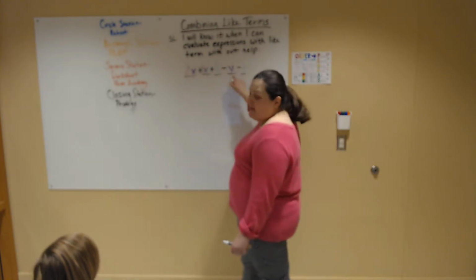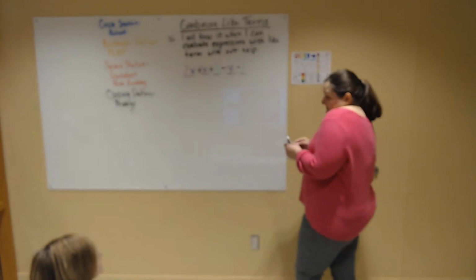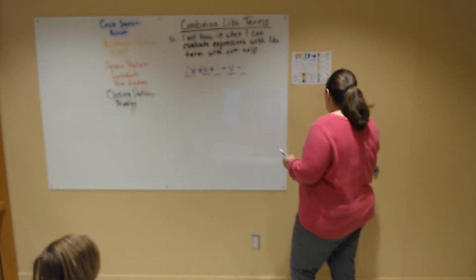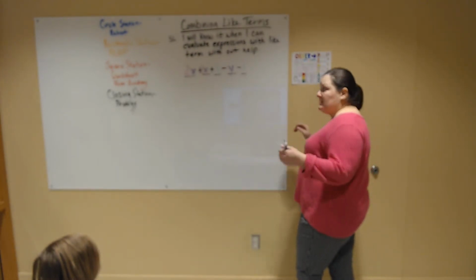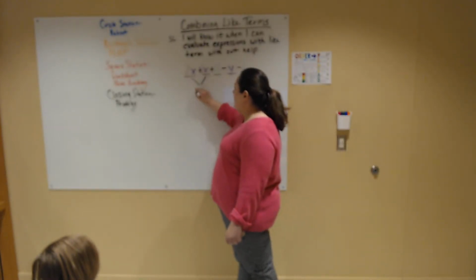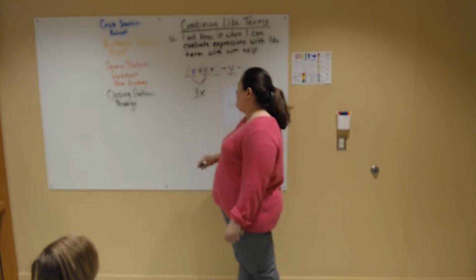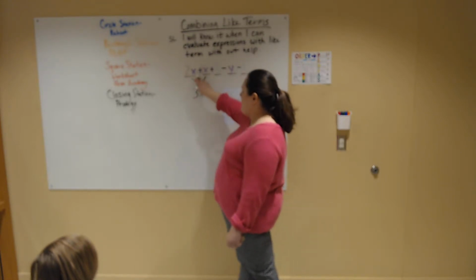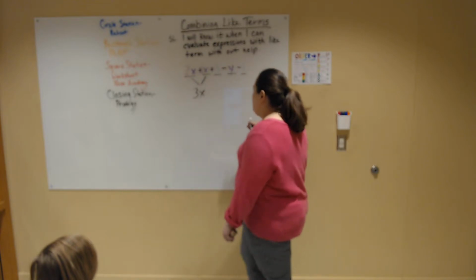Anytime a variable is by itself, it's a 1. It's itself times 1. Just remember that any number times itself is 1. So this right here is going to end up being 3x, okay? And we have a positive number and a positive number.